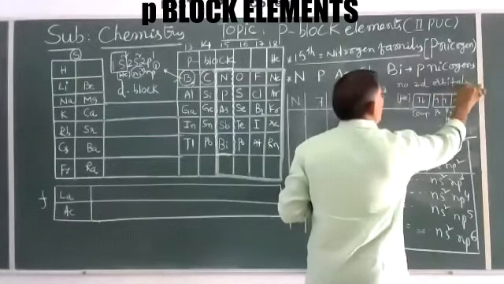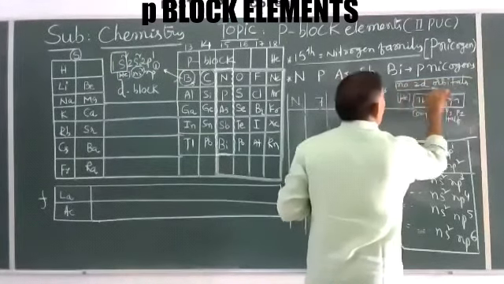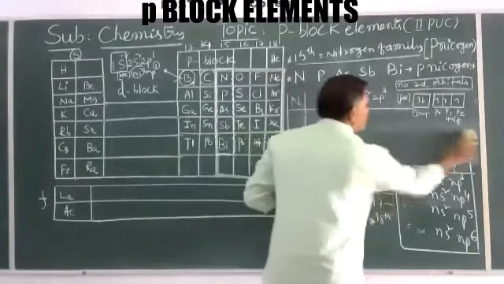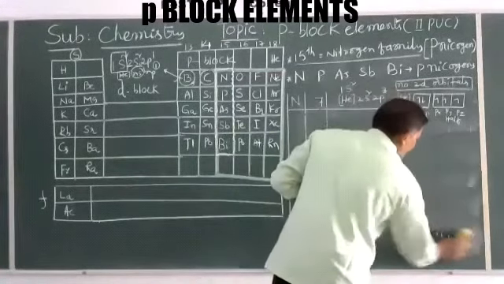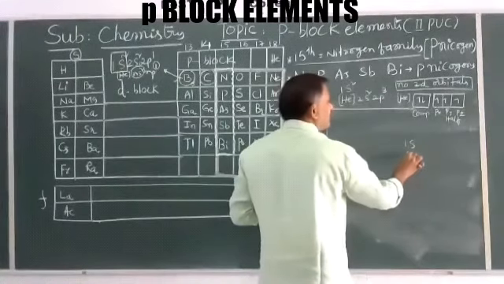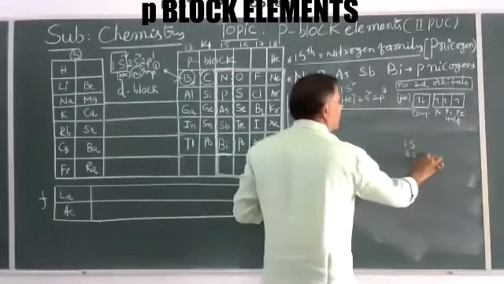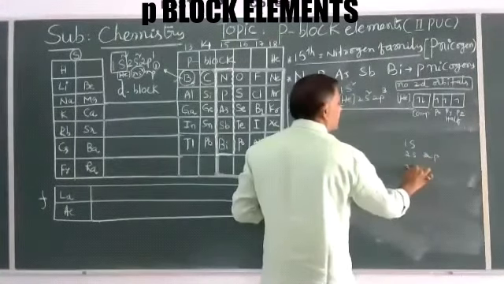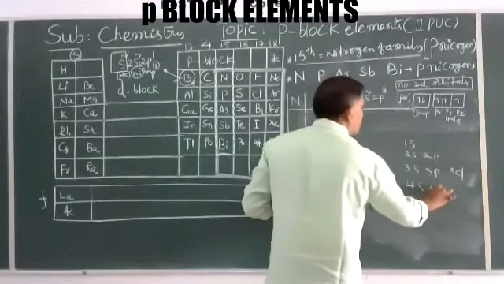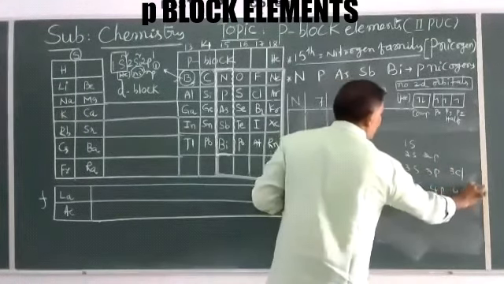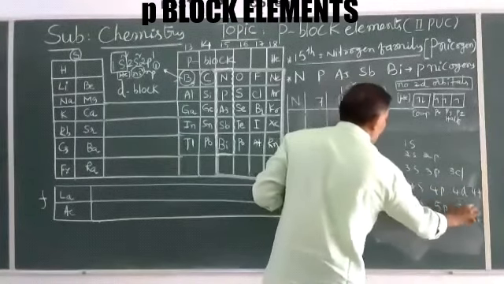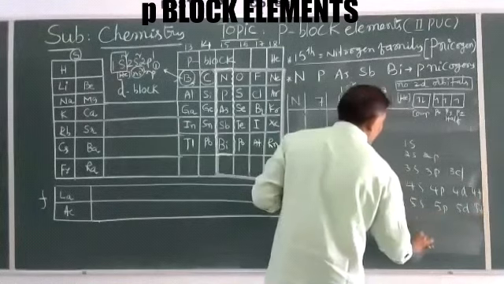Looking at the Aufbau diagram: 1s, then 2s and 2p, then 3s, 3p, 3d, then 4s, 4p, 4d, 4f, then 5s, 5p, 5d, 5f and so on.